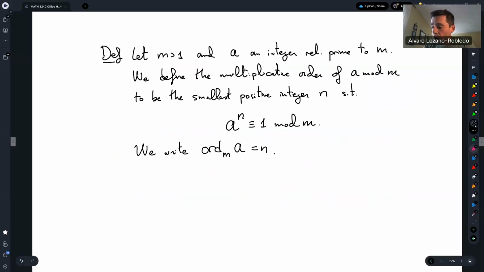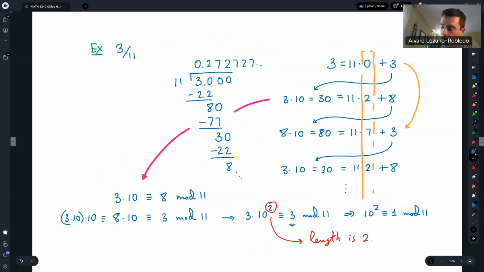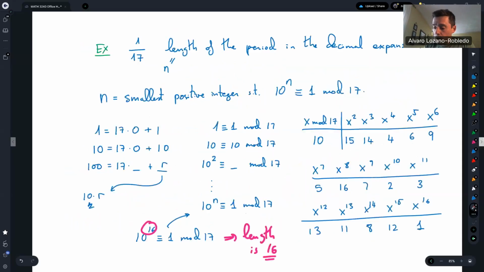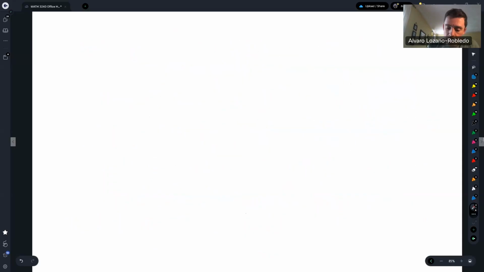So what we just saw is that, for example, for 11, the order of 10 modulo 11 is 2, since 100 is 99 plus 1.